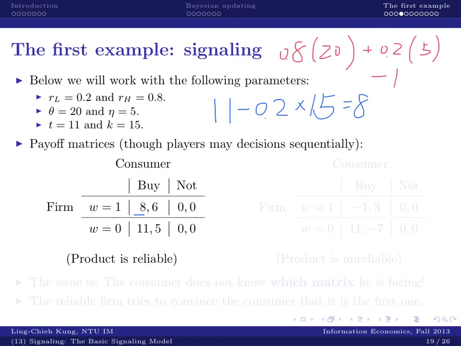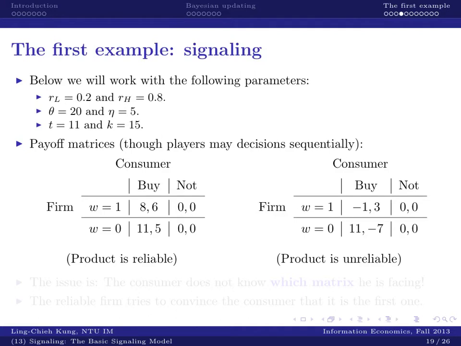And then the consumer needs to pay 11. Certainly we are assuming that there is a warranty plan, and that's why we have this term. Anyway, 16 plus 1 minus 11, we get 6. This is how we get this payoff matrix. Similarly, if the product is unreliable, these numbers will be adjusted accordingly.